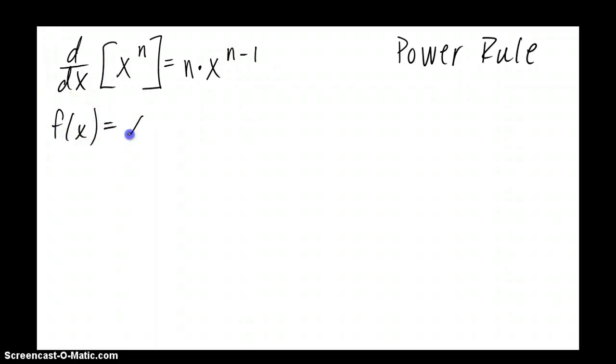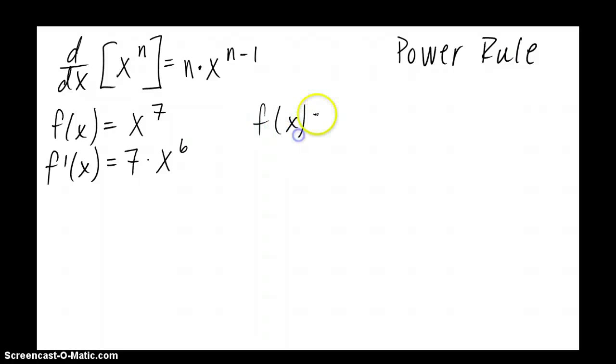F of x equals x to the 7th power. The derivative of x to the 7th is 7 times x to the 7 minus 1, which gives me the 6th power. F of x equals square root of x. I can rewrite this as x to the 1/2 power, the rational exponent.